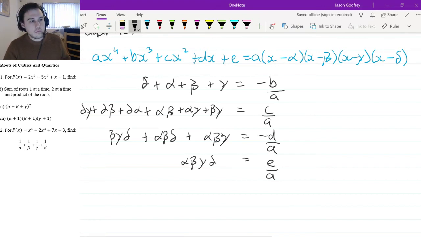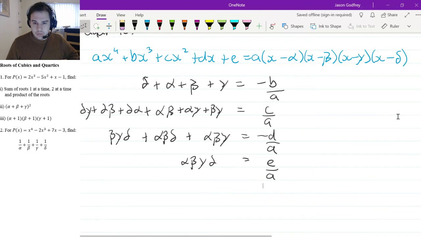So that's all the different expressions connected to the roots of a quartic equation. Again, this would be very difficult to rote learn and memorize all of this. You can start with these and just tack on delta to all of the ones on the cubic, and then introduce an extra one, and these are all the ones you can use for a quartic.